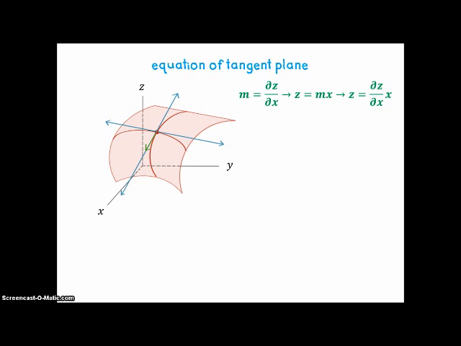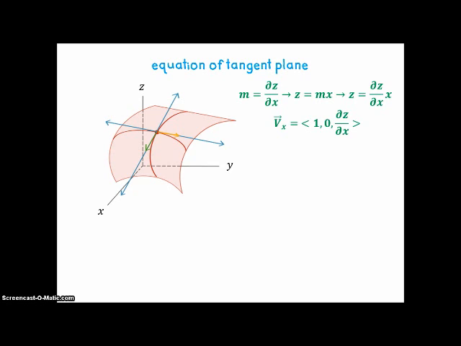So the equation in the xz plane would be z equals mx, or z equals the partial derivative with respect to x times x. And so that vector's components then, if we go 1 unit along the x-axis, then we're going the partial derivative of z with respect to x along the z-axis, and we're not moving along the y-axis at all, so the j component is 0.